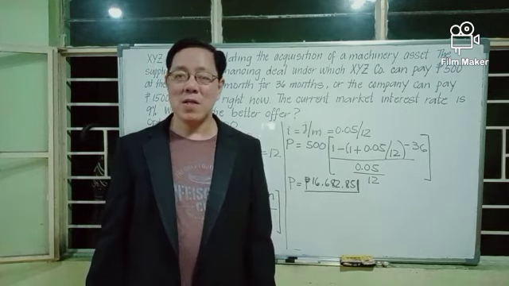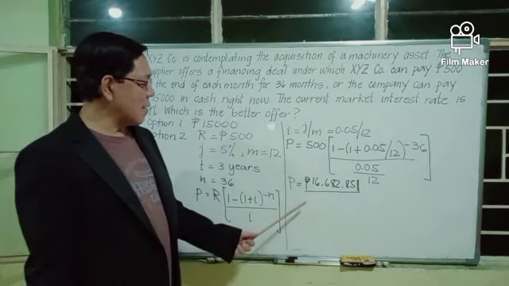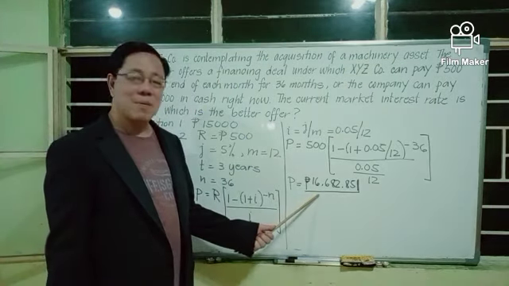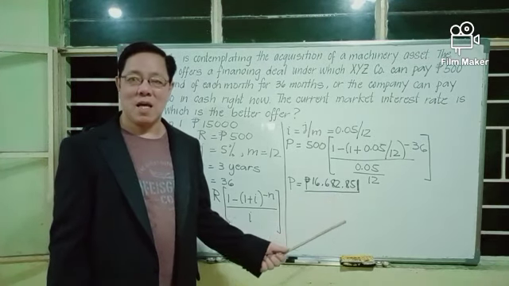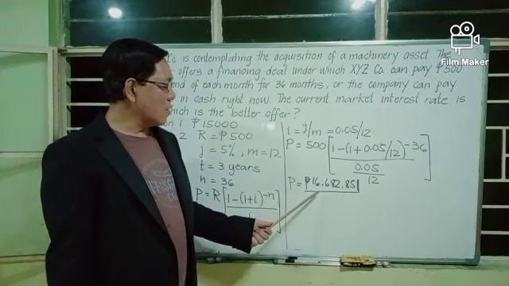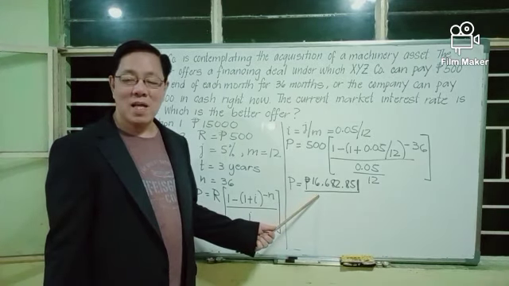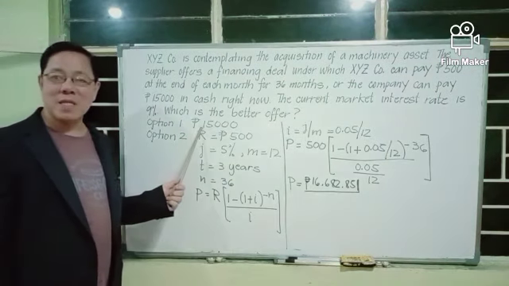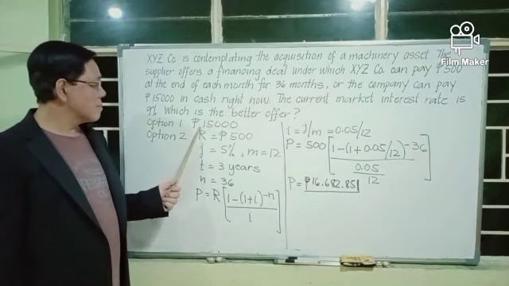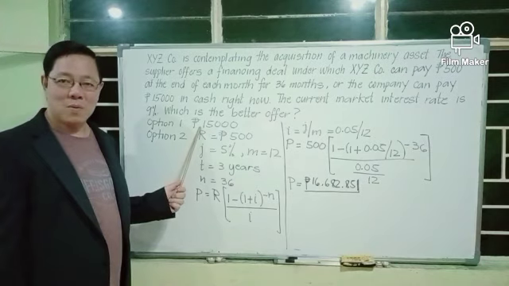months or for 3 years has a value of 16,682.85 pesos at present time or now. So we compare this value of the ordinary annuity for the second option with the first option of 15,000 pesos cash now.